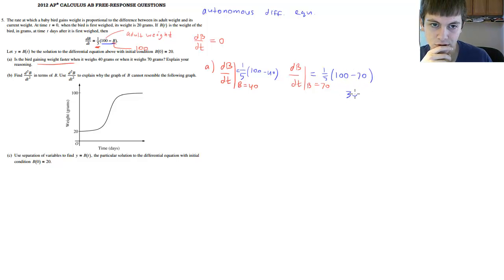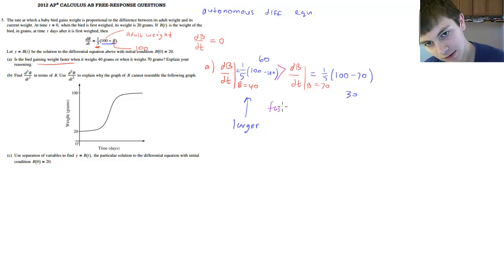Well, 100 minus 70 is 30, and 100 minus 40 is 60. So clearly this one is larger, and that allows you to say that this one is most certainly greater than this one. So it is gaining faster when B equals 40.